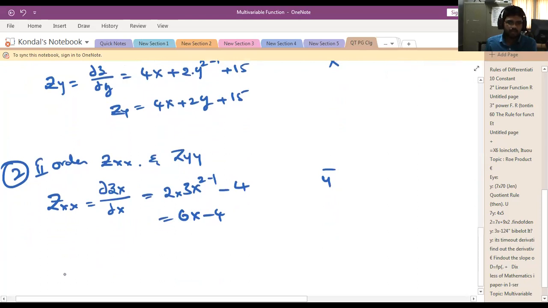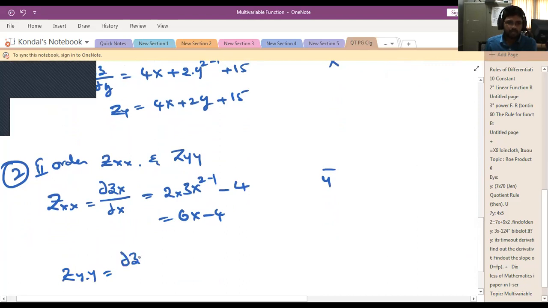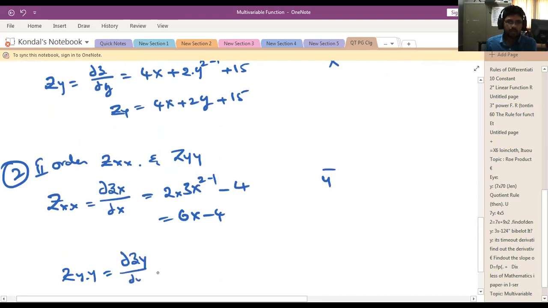Then zyy. What does it mean? Dou zy by dou y. It means rate of change in zy due to change in y. So you will take this one, and when x is constant, how much does it come?